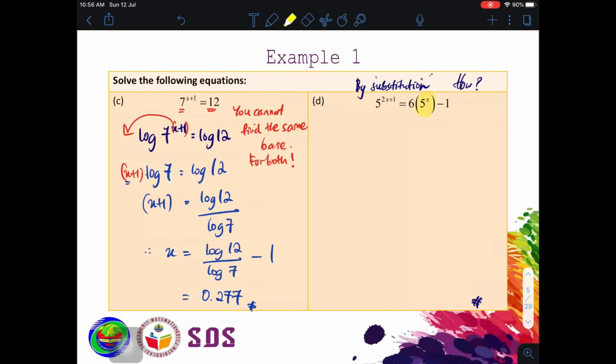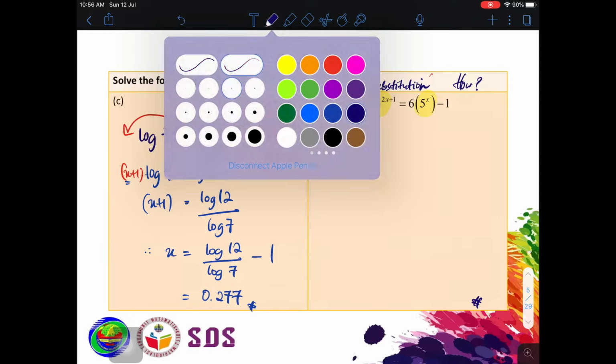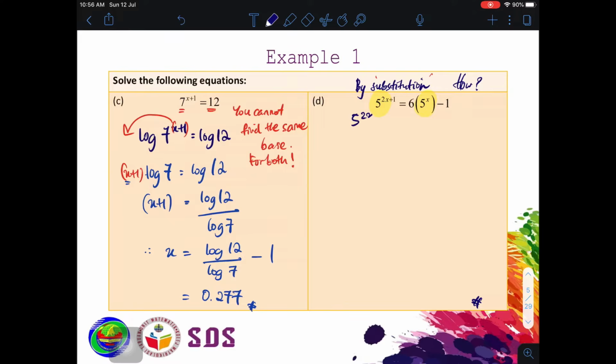So this is where you can compare your base and index on both sides. You also can separate them by using the rule of indices in a reverse way.